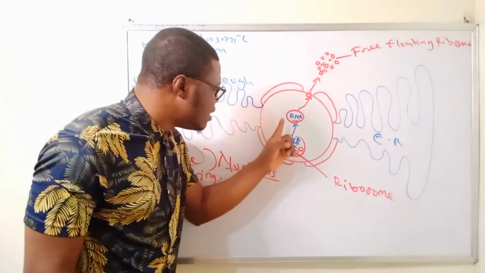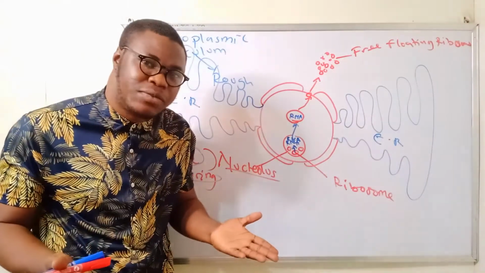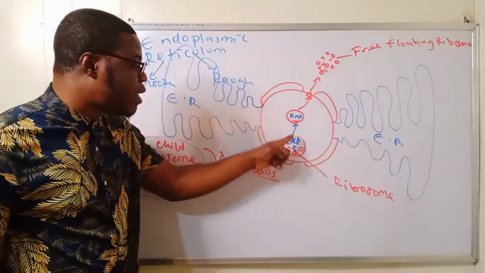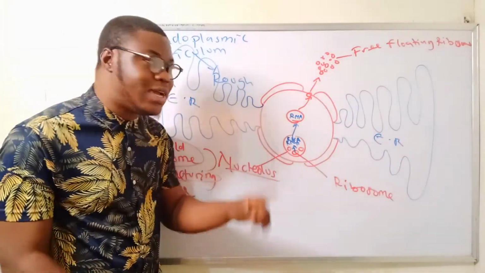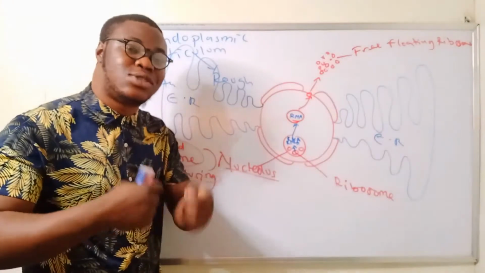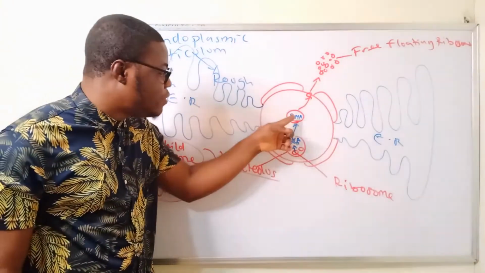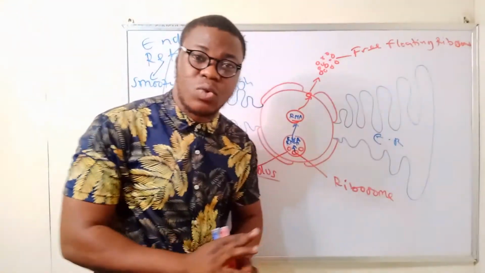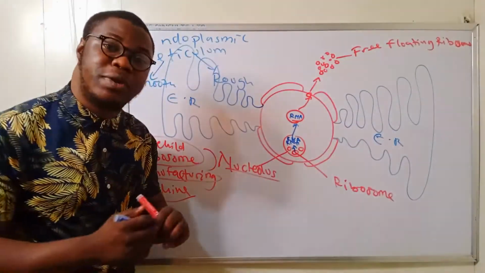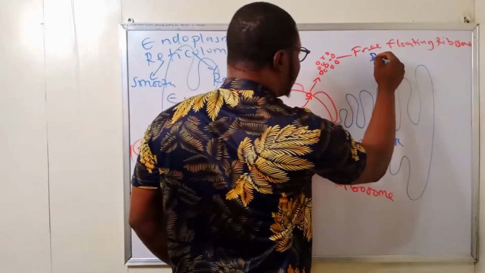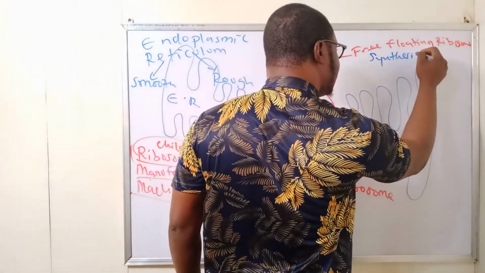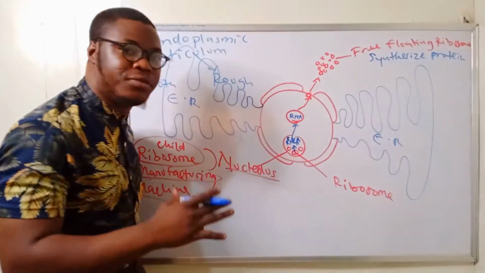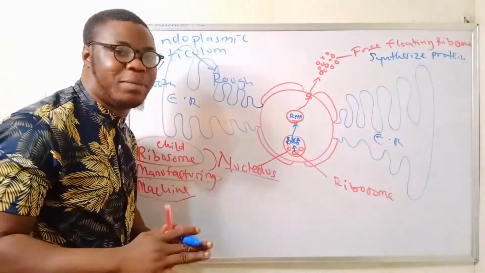Because this ribosome had only a little function before, but it was attached by the RNA, the function of this ribosome now will be the function of RNA, which means the function of this ribosome will be to synthesize protein. That is the function of ribosome.